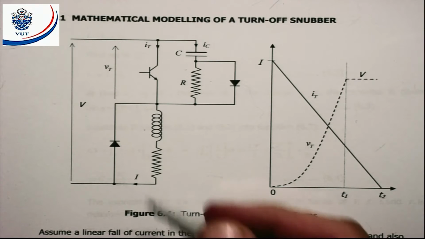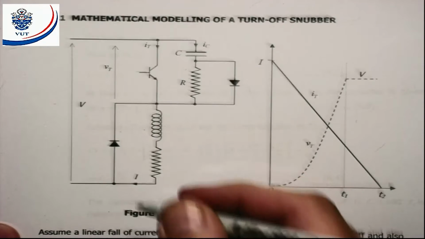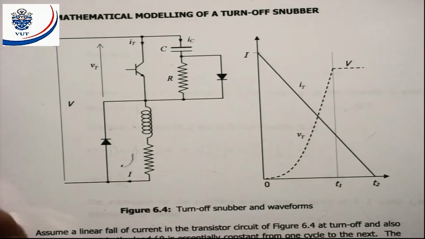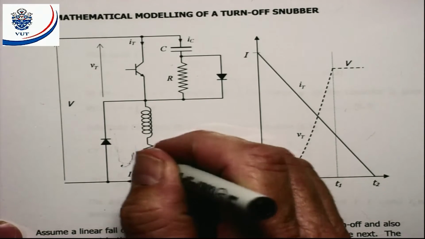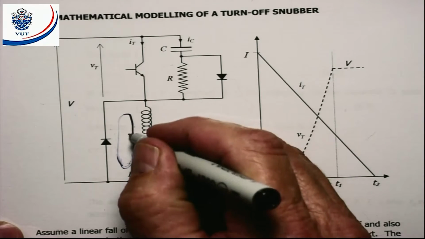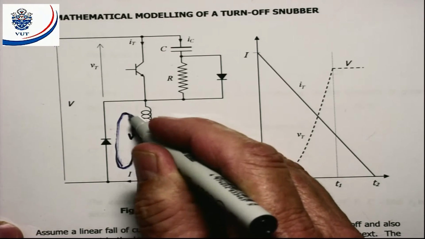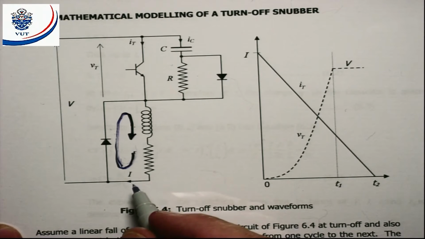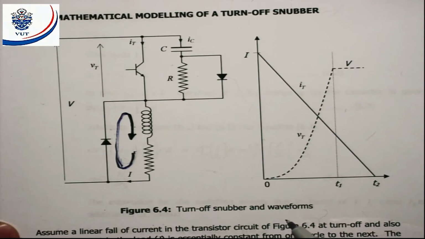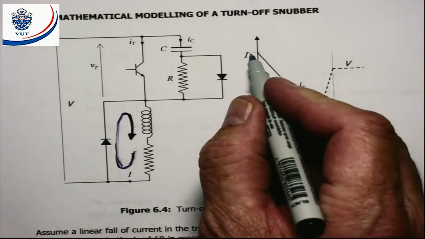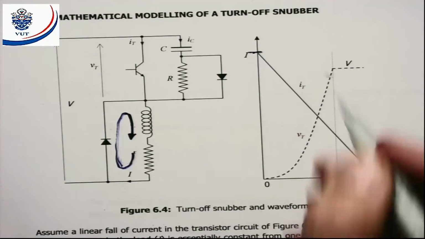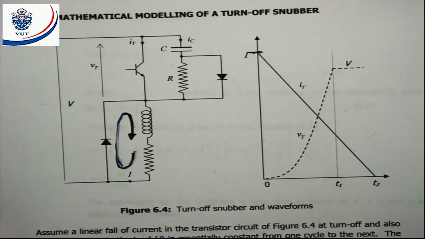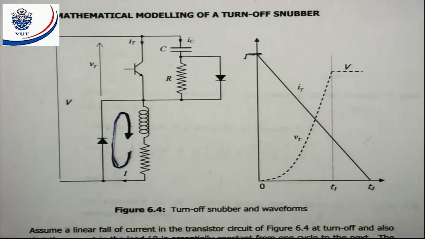And at that point then, the current will be circulating like that there. But I stays constant the whole time. And there is the level of I being indicated.